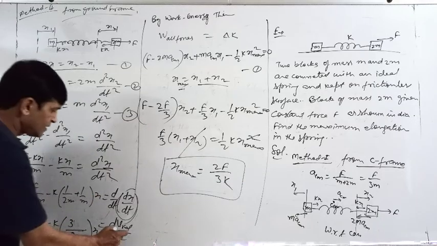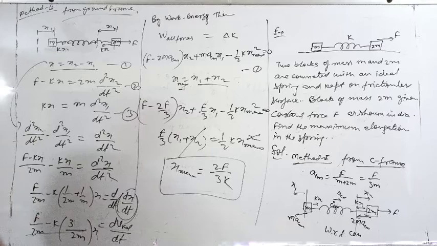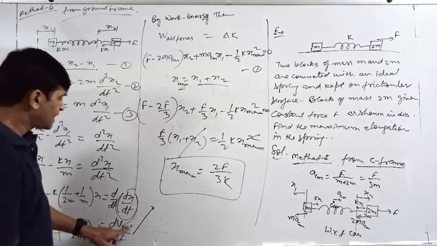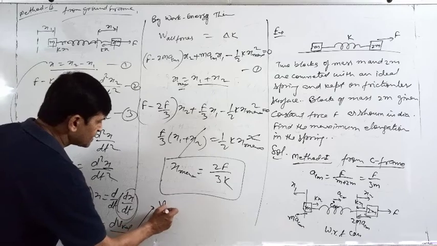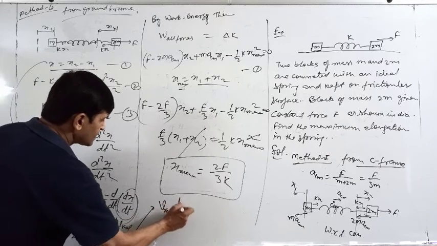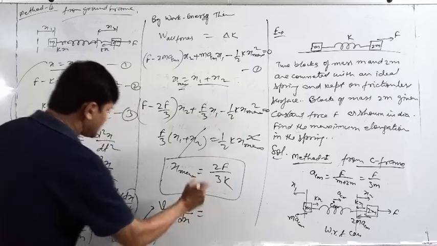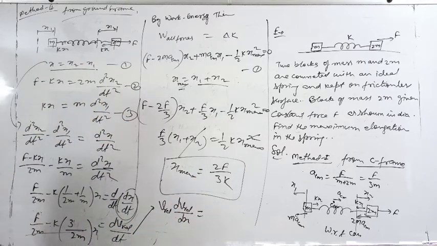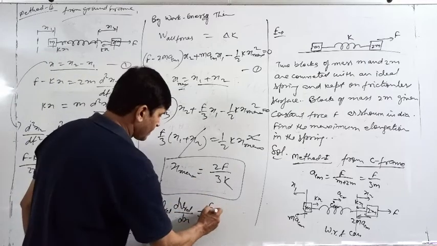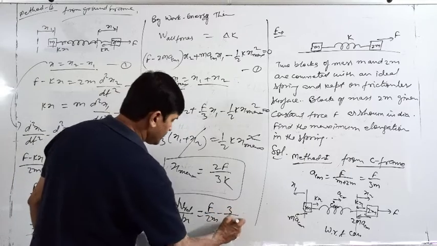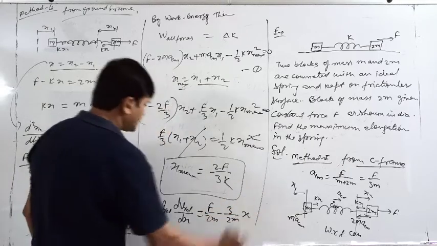Further, this term dv relative by dt can be written as v relative dv relative by dx, which is equal to f by 2m minus 3 by 2m into x.